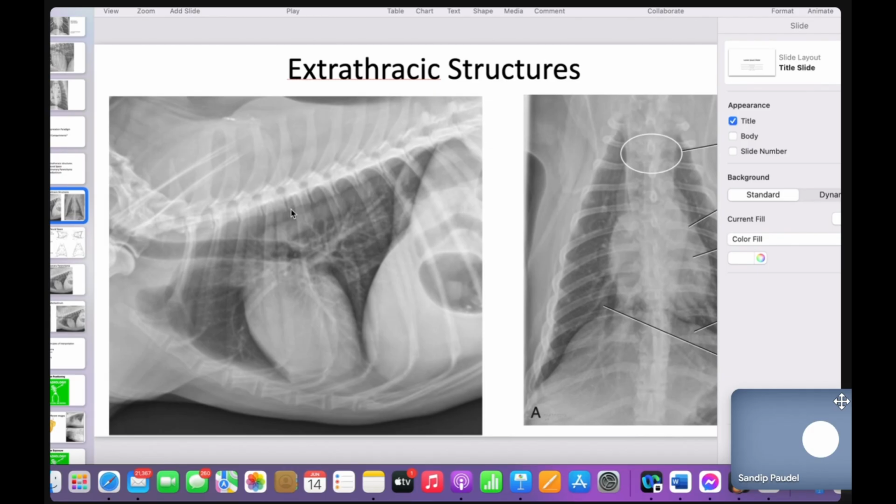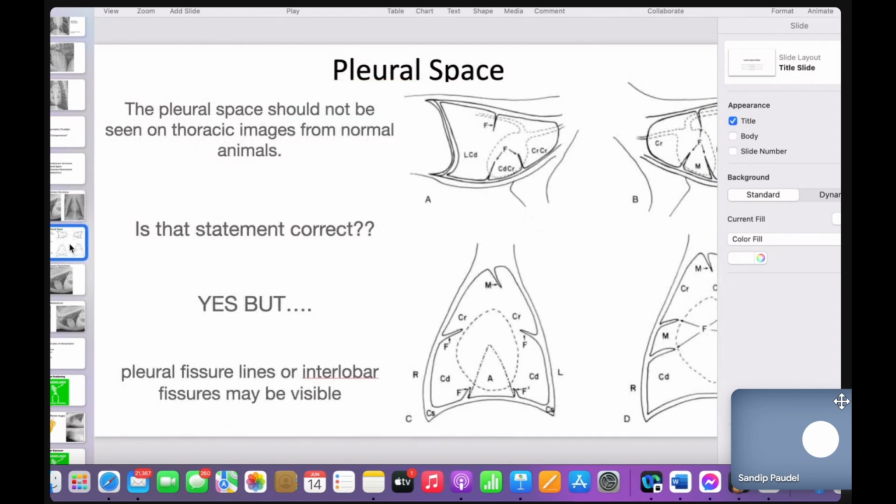Because it may not be helpful for the thoracic diagnosis, but sometimes we may find an accidental finding, like some abnormality with these bones right here, sometimes in this area, sometimes this area. So even if we are taking a chest x-ray, we shouldn't miss out the other information that is outside of the chest.